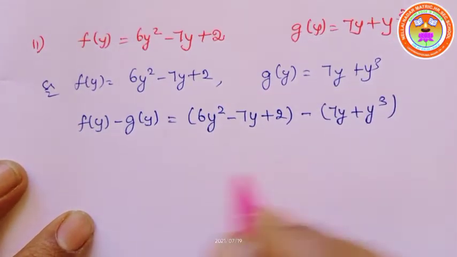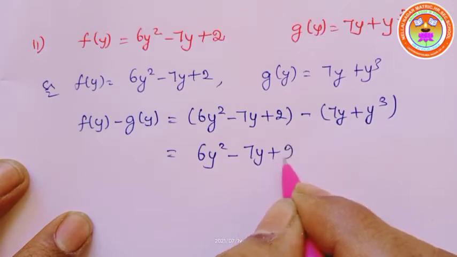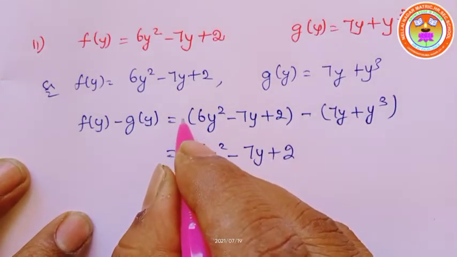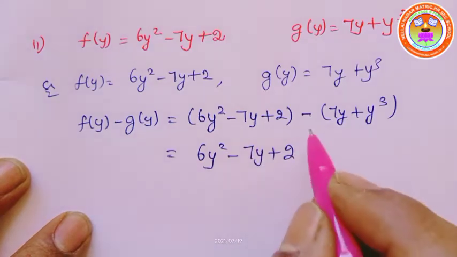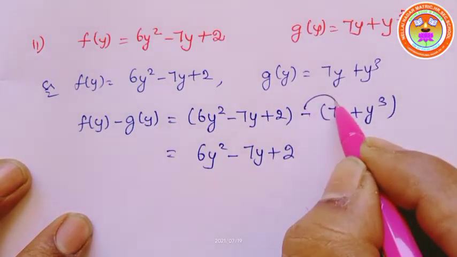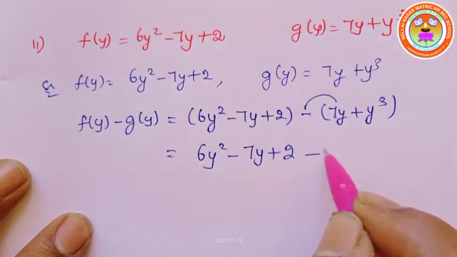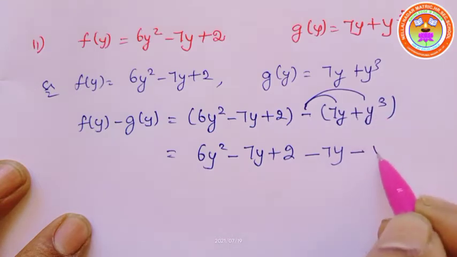Right? Now 6y squared minus 7y plus 2, you are going to write as it is, because here plus symbol is there. If you multiply plus with terms, you get the same sign. Now here minus is there, so you have to multiply the two terms. So minus into plus is minus 7y. Next minus into plus is minus y cube.